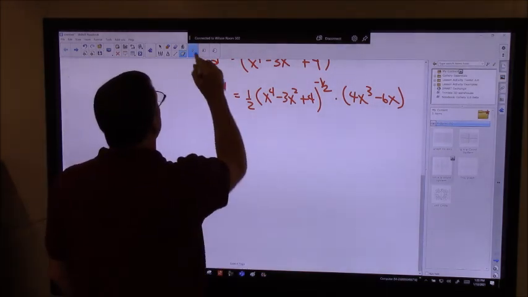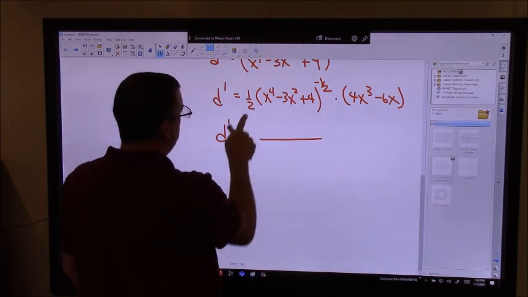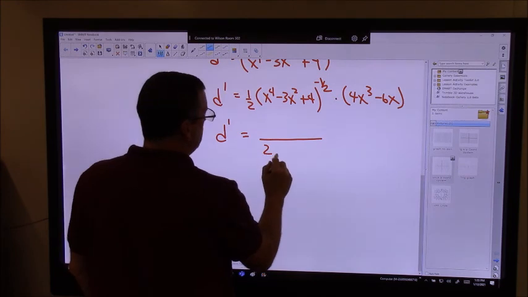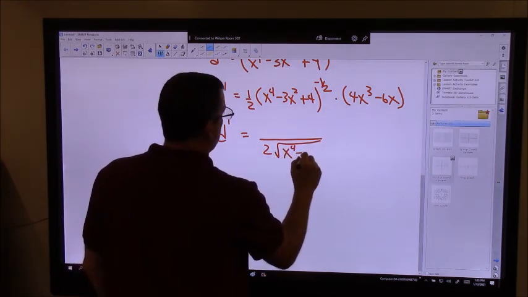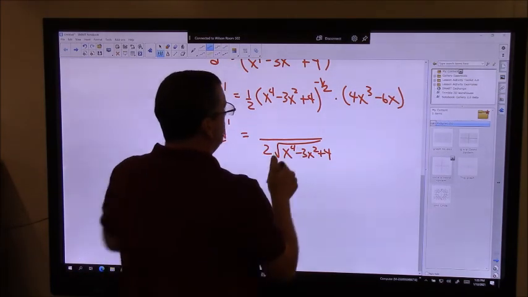So let's see. So d prime, there's my fraction bar. I've got a 2 in the denominator. I've got to drop this down below and make the exponent positive. And this is what I have in the numerator.